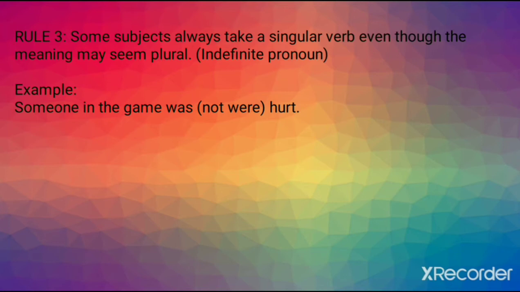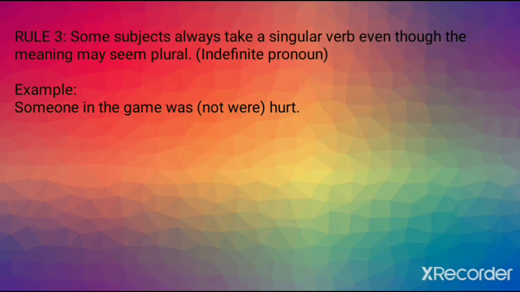For example, anything, something, someone, anyone, everyone, everybody, all these words come under indefinite pronoun. So whenever you find indefinite pronoun as a subject, then the subject will be followed by singular verb.